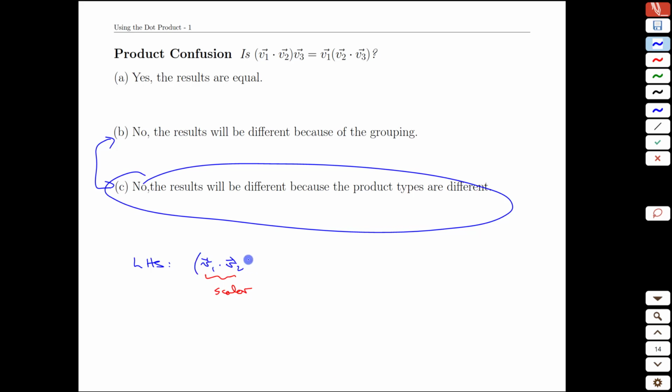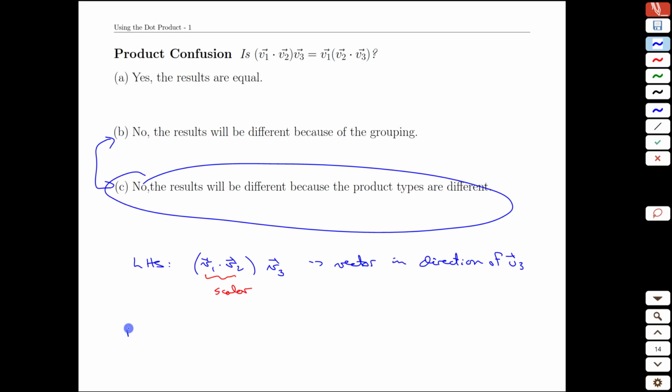If we then multiply that by v3, this is going to be a vector in the direction of v3. We're going to have some multiplier times the vector v3, and that's going to be a certain direction.